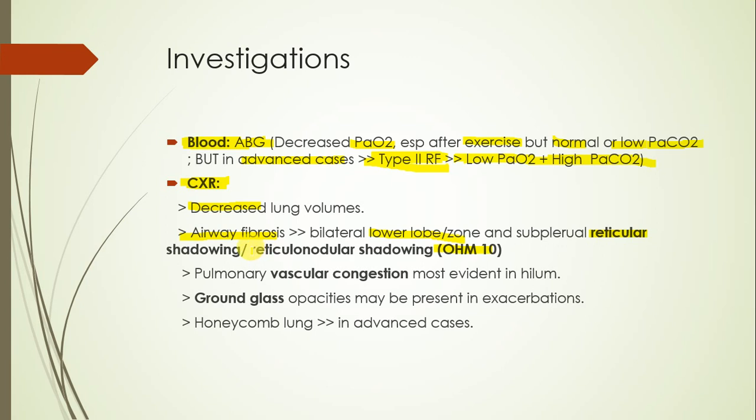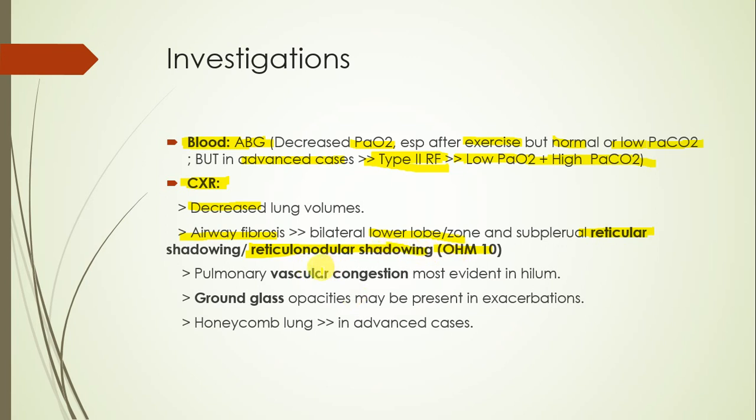tells, it's written as reticulonodular shadowing. So you might call it reticular shadowing. Most of the books actually write this specific word for idiopathic pulmonary fibrosis, reticular shadowing. So reticulated or lace-like network, or you can say reticulonodular shadowing. So some reticles, some networks of fibers, and some small nodules, reticulonodular shadowing.